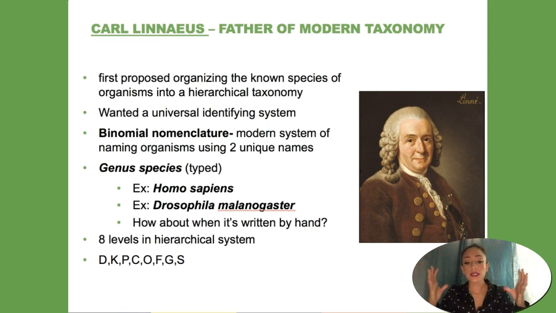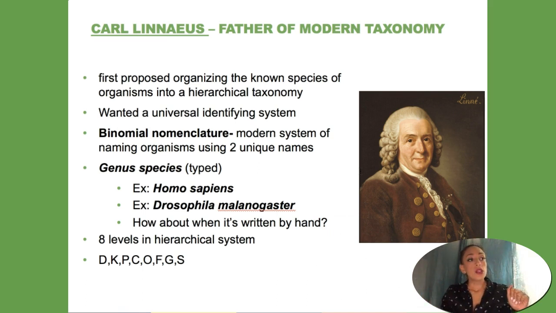So Carl Linnaeus came up with genus and species, basically a universal way of identifying and naming a species, so that we can use the same identifying system across countries, no matter where we are.